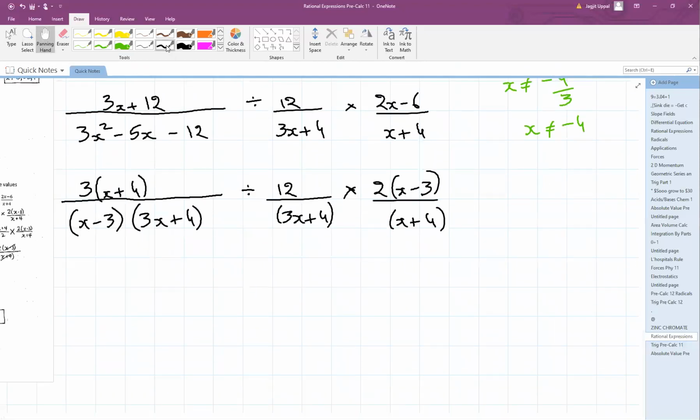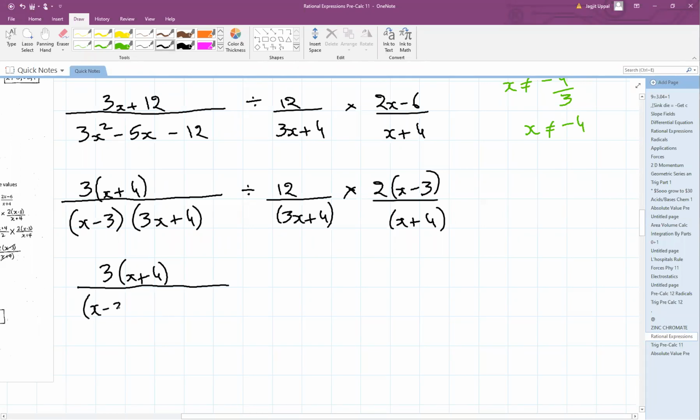Okay, in the next step, you're going to change from divide to multiply. We're going to change this from divide to multiply. So 3x plus 4 goes to the top. 12 stays as it was, multiplied.